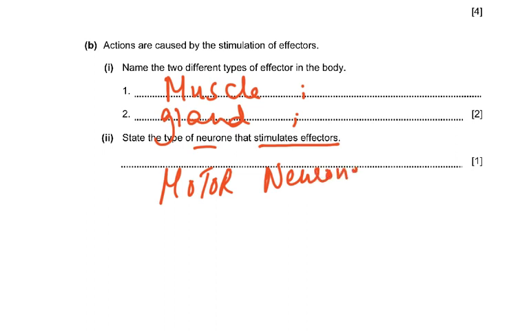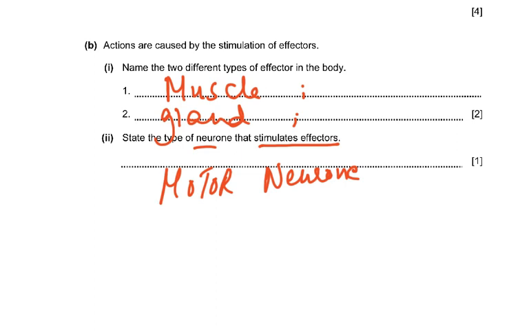So anything that can stimulate a muscle to contract or relax, and glands to produce secretions. For example, you smell this very nice aroma of biryani, or chicken tikkas, or barbecue being cooked, so you start to salivate.